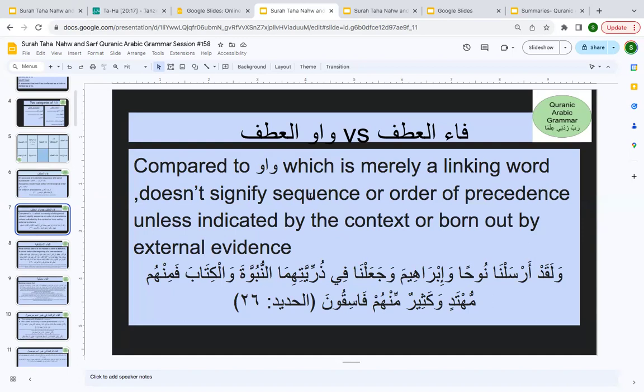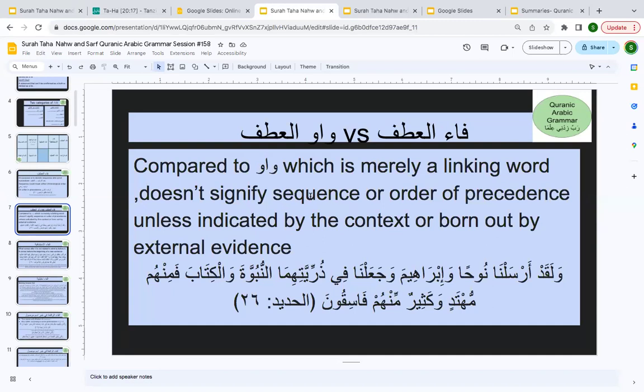I wanted to bring this point to your attention because sometimes, for example, waw atf is used for zikrul khas badul am or zikrul am badul khas. So in that case as well, when we say Tanazzalul Malaikatu war-Ruh, it does not mean that first they came and then Jibrail Amin came, nor does it mean that they were both coming together, because Jibrail Amin alayhi salam himself was part of al-malaikah, right?